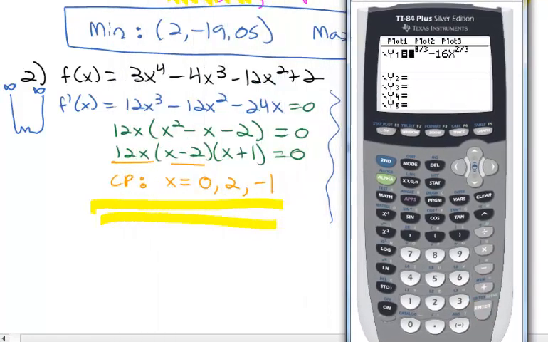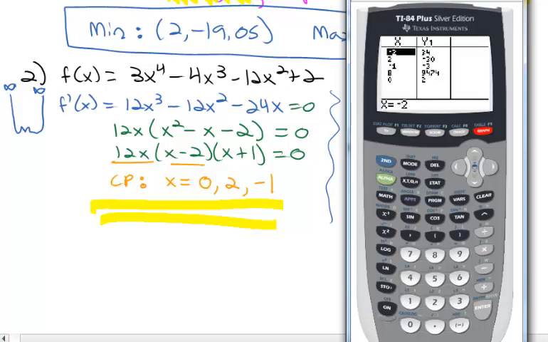So we'll hit y equals and clear out the old function. It's 3x to the fourth minus 4x to the third minus 12x squared plus 2, second table, and we're testing 0, 2, negative 1. Delete out the other ones so we don't get confused by them. 0, 2, negative 1.